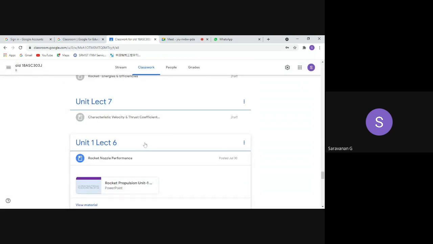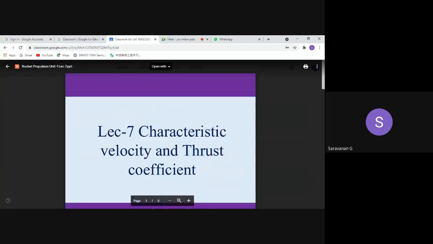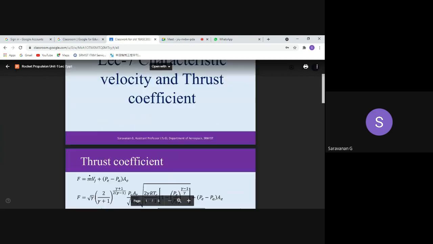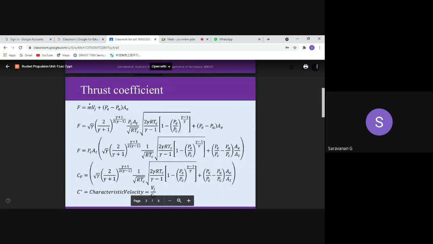What you want to do is go and start writing the assignment, which covers all three derivations: characteristic velocity, thrust coefficient, and mass flow rate. Only then will you come to know how you derived and how you substituted all these things. I am again repeating that this is based on basic thermodynamics of isentropic flow through a nozzle, the steady flow energy equation, and two relations that were used for deriving this expression.